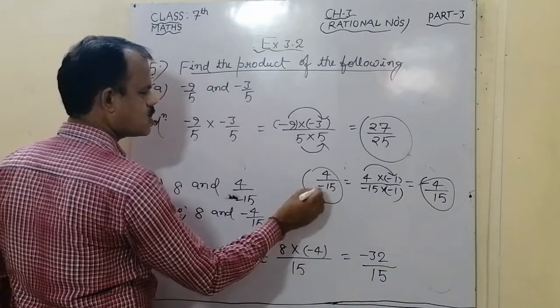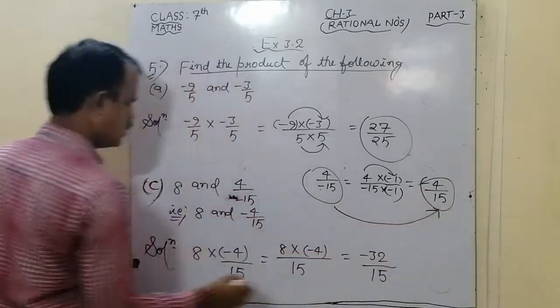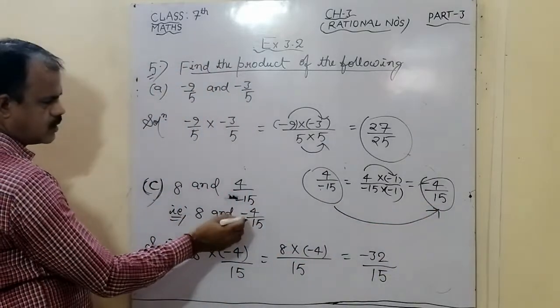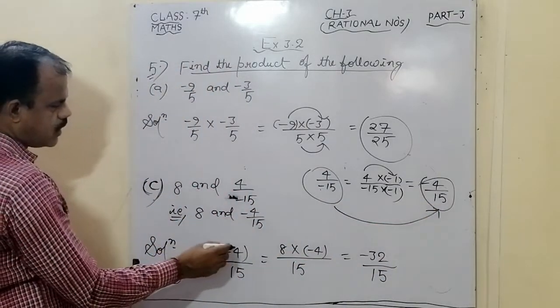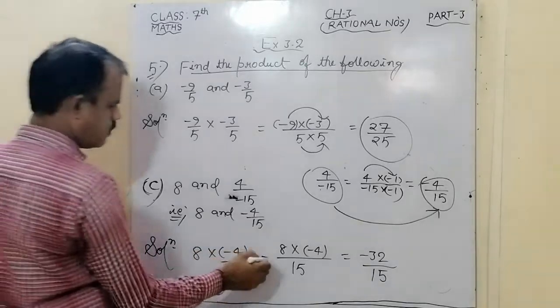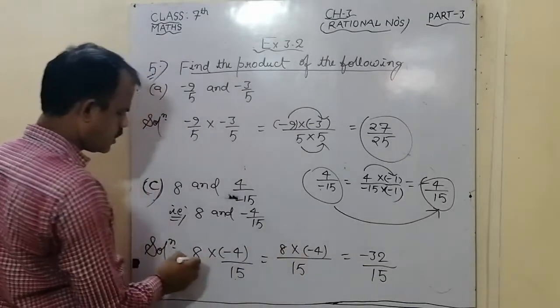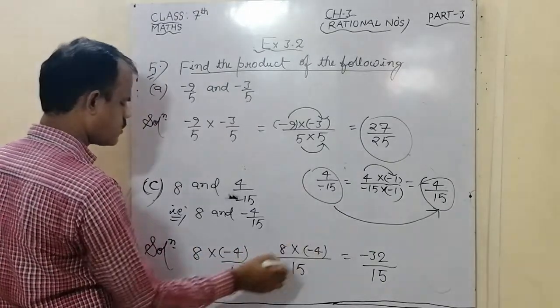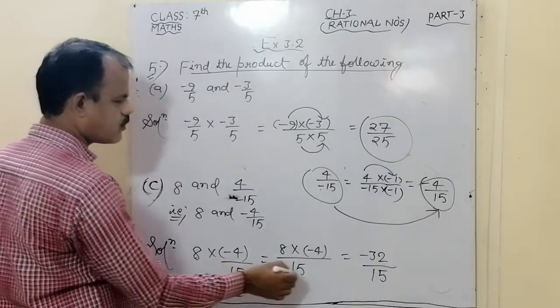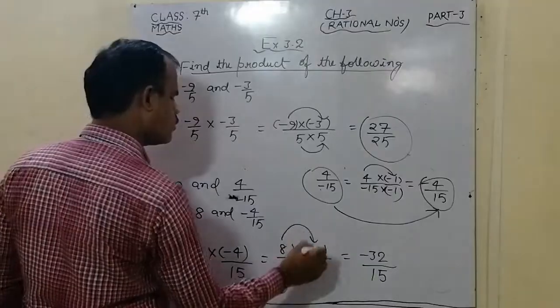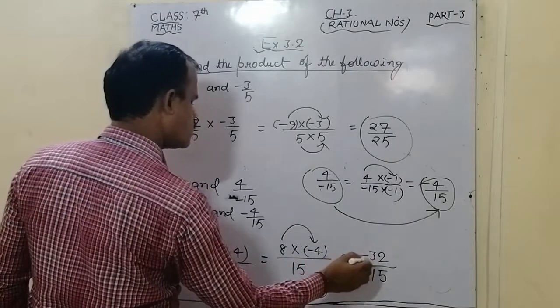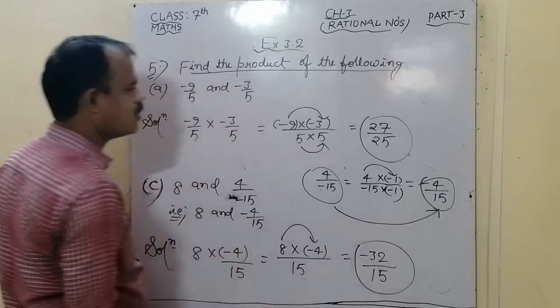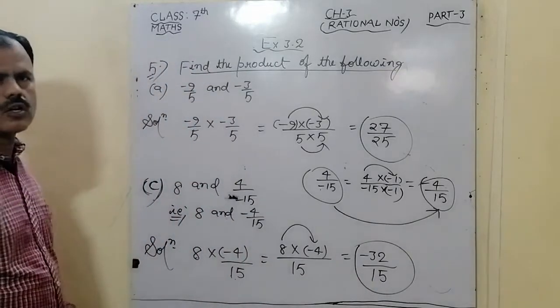That's why this minus 4 becomes this. So we write here like that. Now 8 multiply minus 4 by 15. Numerator place number 8 and minus 4, so we write here 8 into minus 4. Denominator place number 15. Now 8 into 4, minus 32 by 15. This is the final answer. You have to solve the remaining part.